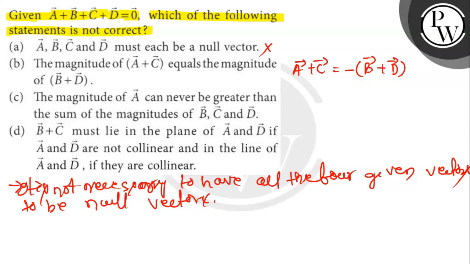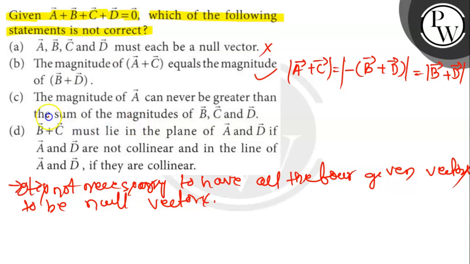Taking modulus on both the sides, we get mod of a plus c and mod of b plus d. Hence the magnitude of a vector plus c vector is the same as the magnitude of b vector plus d vector. So statement B is correct.